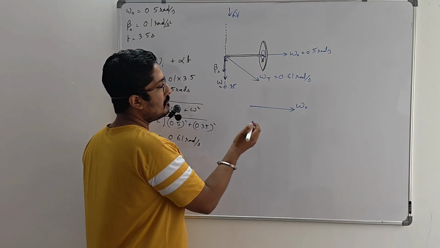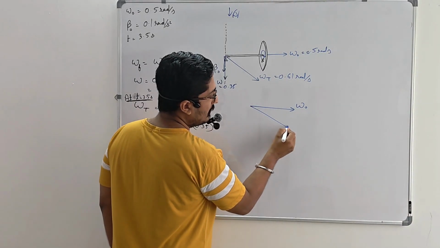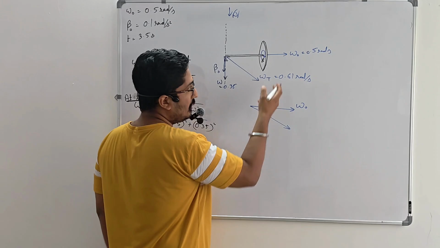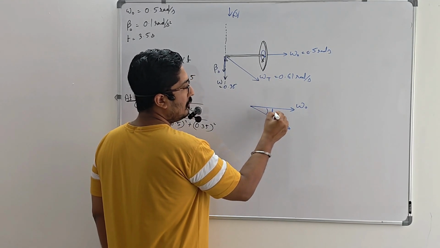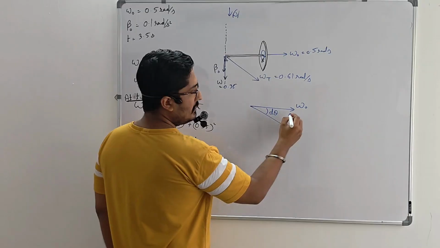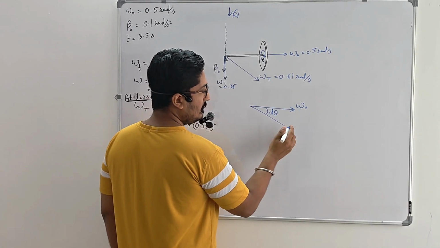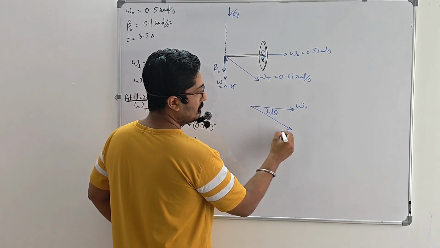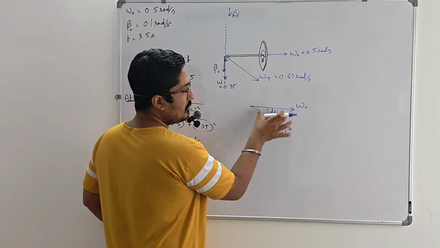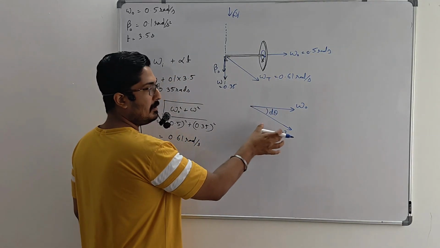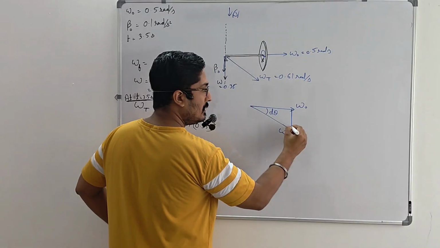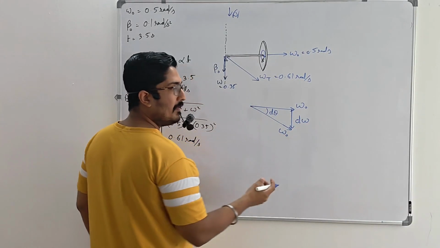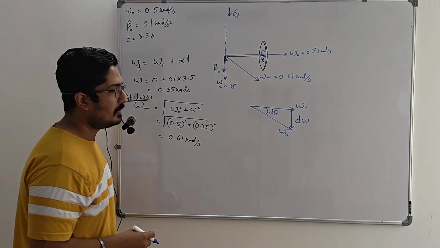After a small duration of time, the vector of omega naught has rotated by a small angle of d theta, and it has reached here. What's the magnitude of the vector? Magnitude is the same, omega naught, but it has got rotated. So that's why this would be considered as the d omega, the change in omega that has happened.